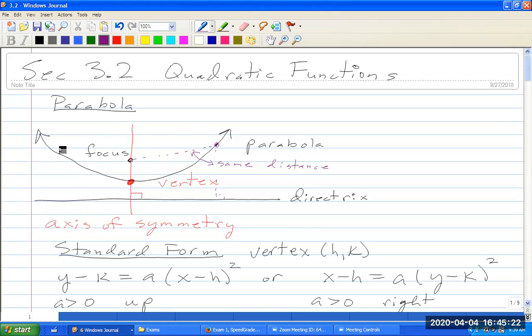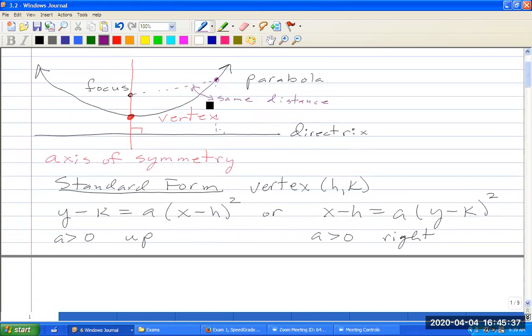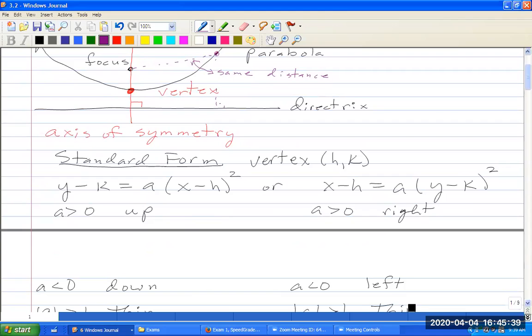If a is greater than 0, it opens to the right. If a is less than 0, it will open to the left.